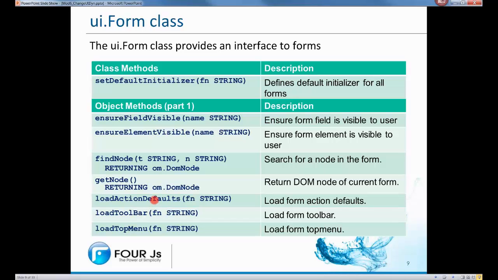We only have one action default file, so if I want to override what I had for my window and load a new one when I bring up a form, I can do it here. I can get a form toolbar in addition to toolbars I may put out there for the menu. Same with top menus.